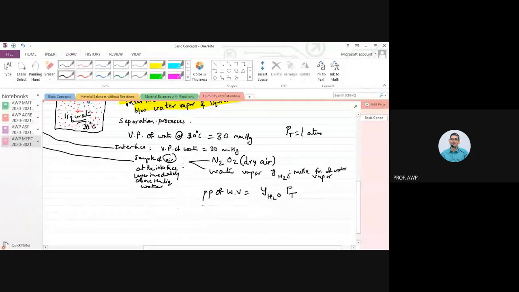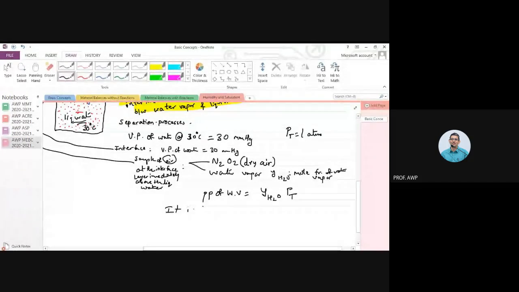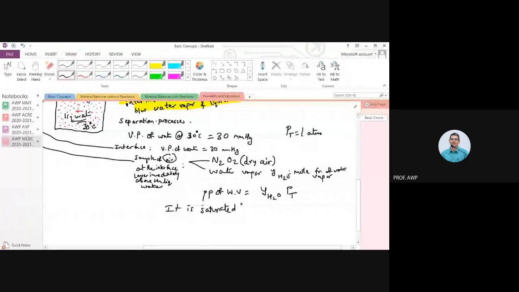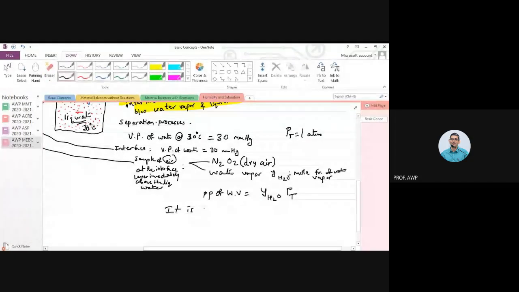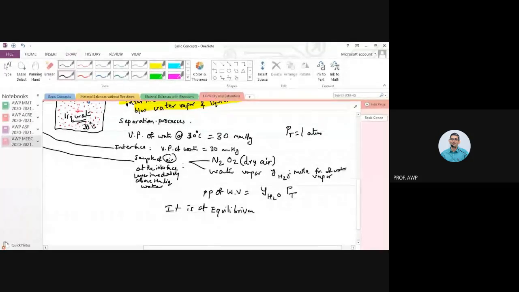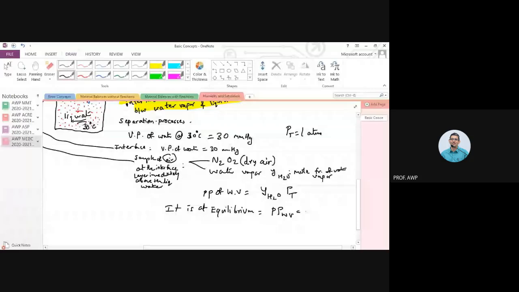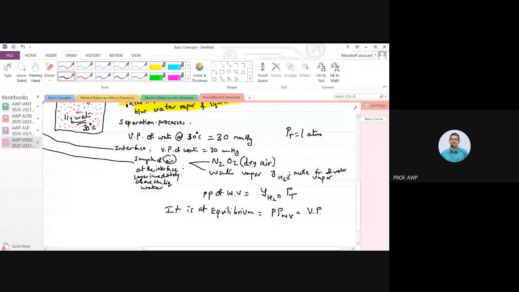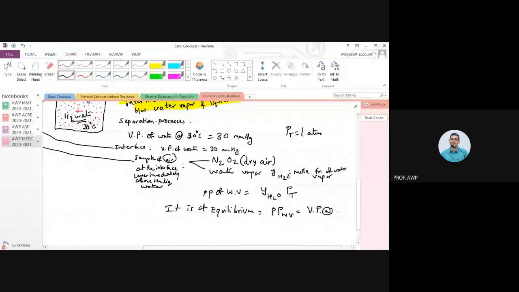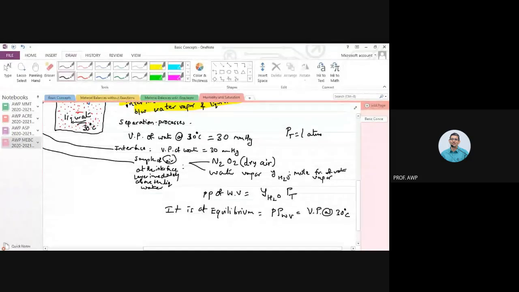Okay, and because it is saturated, meaning it is at equilibrium, the partial pressure of water vapor would be equal to vapor pressure at 30 degrees centigrade, because our liquid water is at 30 degrees centigrade.